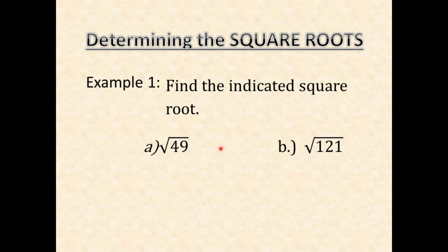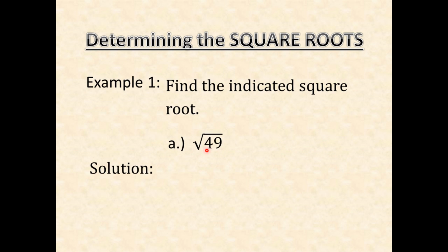So, an example on how to determine the square roots of a certain number. In this case we have two problems. Find the indicated square root of 49, then the square root of 121. Let us first do the square root of 49.